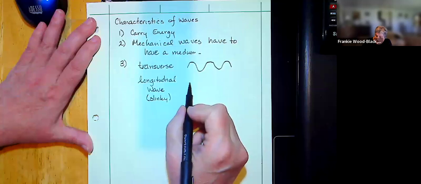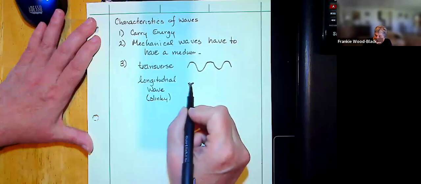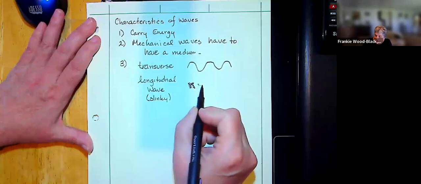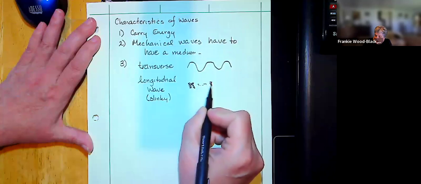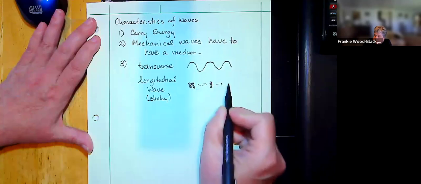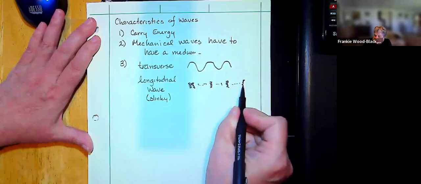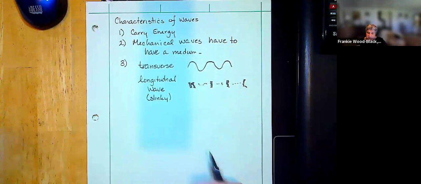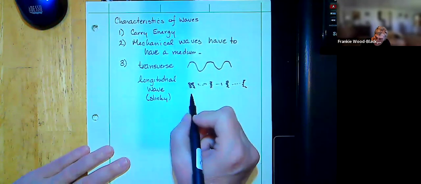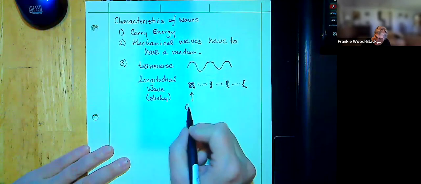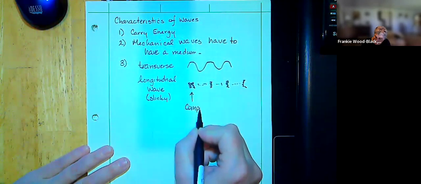And that would give us a real dense area, and then it wouldn't be quite so dense, and then we get another real dense area. So we can look at that. And we use this idea of compression.